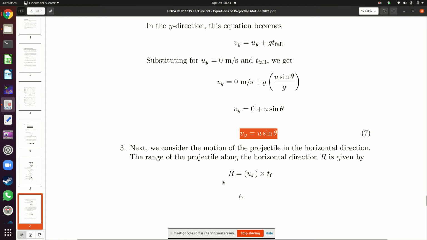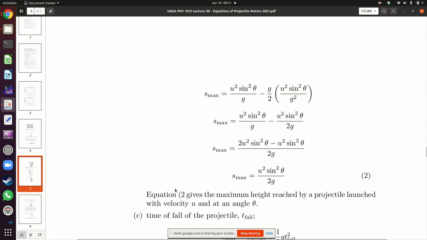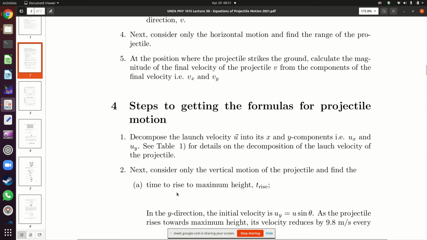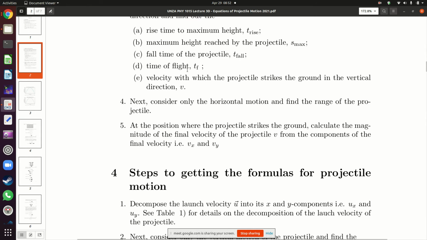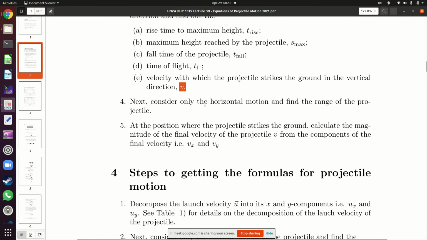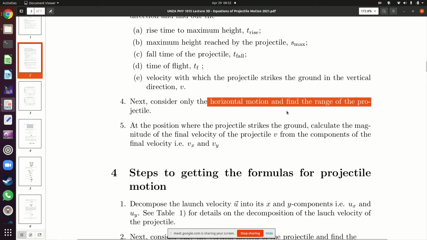Next, now that we have got the flight time, now that we have got everything we need, we have got the rise time, we have got the S-max, we have got the fall time, we have got flight time, and we know the strike velocity in the y direction, we want to find out the distance the projectile is going to move in the horizontal direction, which is what is called the range.